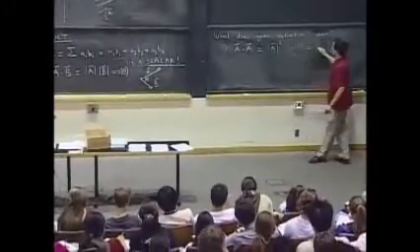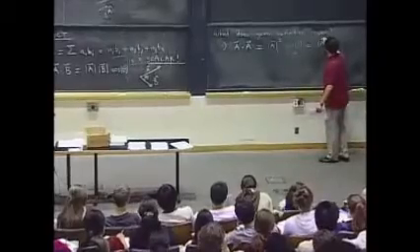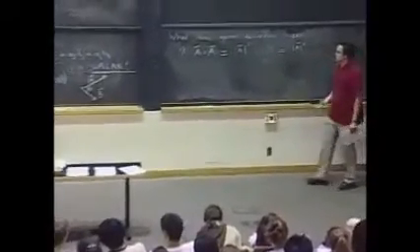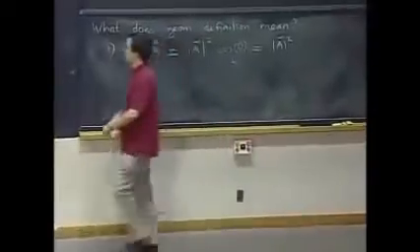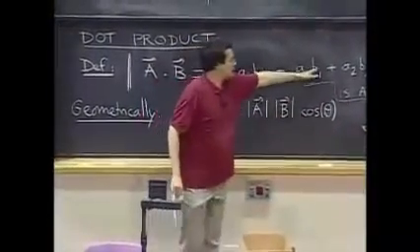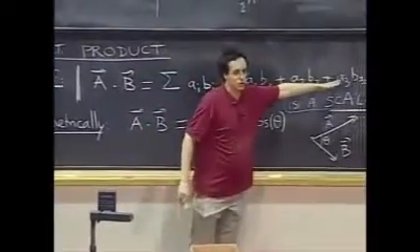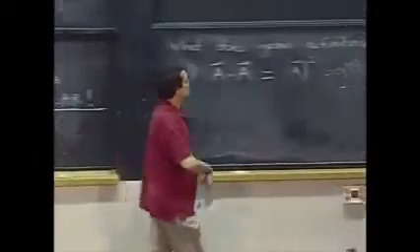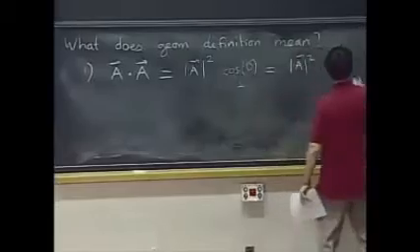So that's going to be length A squared. Well, does that stand a chance of being true? Let's see. If we do A dot A using this formula, we will get a1 squared plus a2 squared plus a3 squared, that is indeed the square of the length.